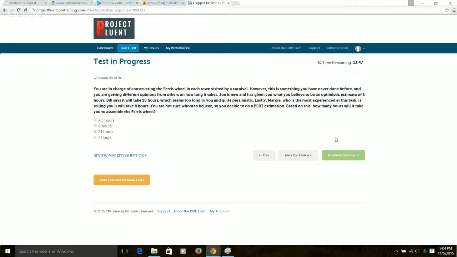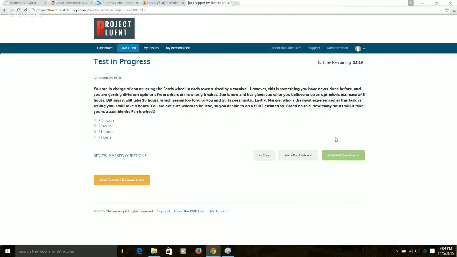You are in charge of constructing the Ferris wheel in each town visited by a carnival. However, this is something that you have never done before, and you are getting different opinions from others on how long it takes. Joe is new and has given you what you believe to be an optimistic estimate of 3 hours. Bill says it will take 10 hours, which seems too long to you and quite pessimistic.